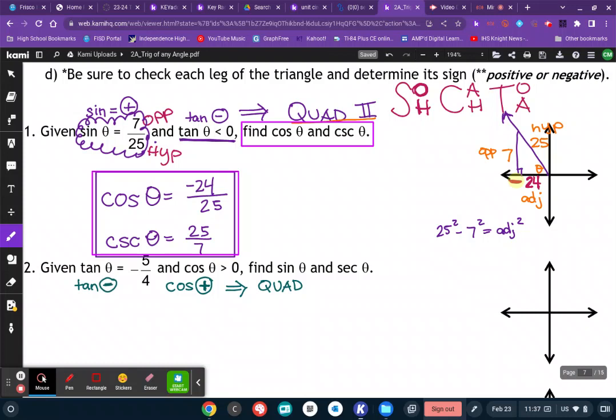Tangent's negative, cosine is positive, so I'm going to be in what quadrant? Where is cosine positive and tangent negative?